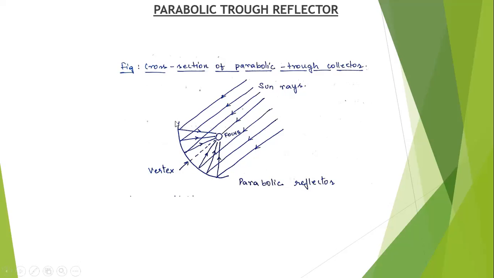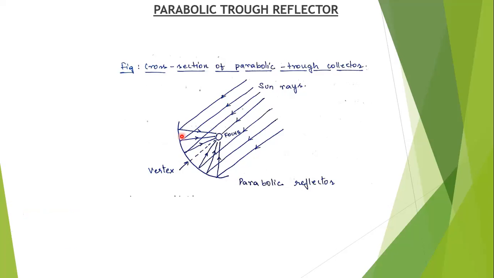This is parabola in shape. That's why we are calling it parabolic trough reflector. If it is in the form of a parabola, that's why the name exists. The solar radiation coming onto the parabola is focused onto a line here.